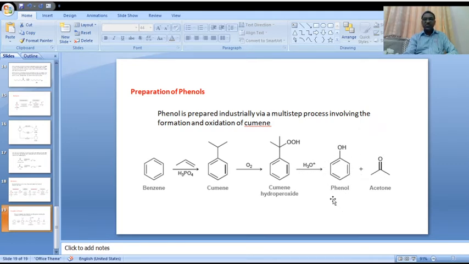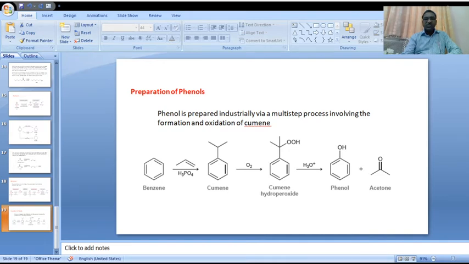We are getting phenol, and the byproduct is acetone. This is the preparation method of phenol. Is it clear? Now let us go to chemical properties.